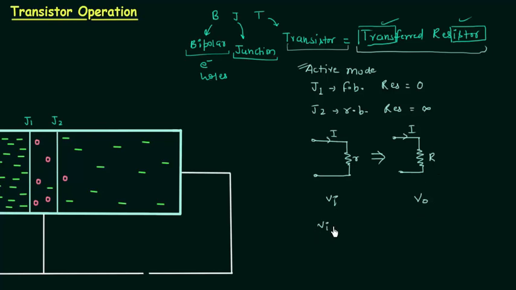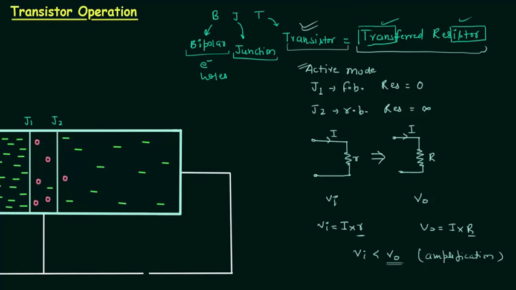So Vi is equal to I multiplied by R, and VO is equal to I multiplied by capital R. The current is the same and the input resistance is smaller than the output resistance, so we can say that Vi is smaller than VO. So we had a weak signal at the input, but we have an amplified signal at the output. So there is amplification by using the three-terminal device.